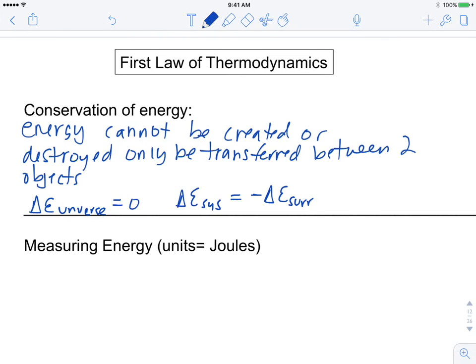And this is because the change in energy of the system plus the change in energy of the surroundings is equal to the change in energy of the universe. The idea is that if the change in energy of the universe is 0, and I have these terms equal to 0, I can then set them equal to each other, have one positive, have one negative.